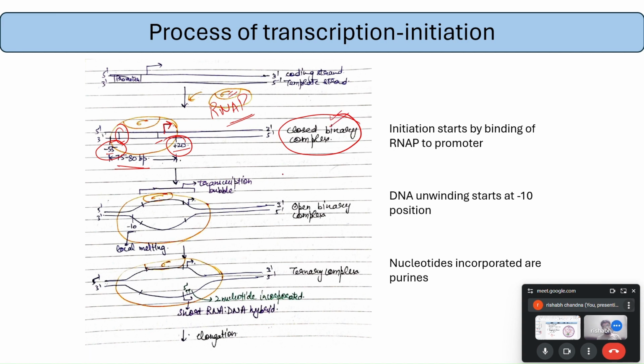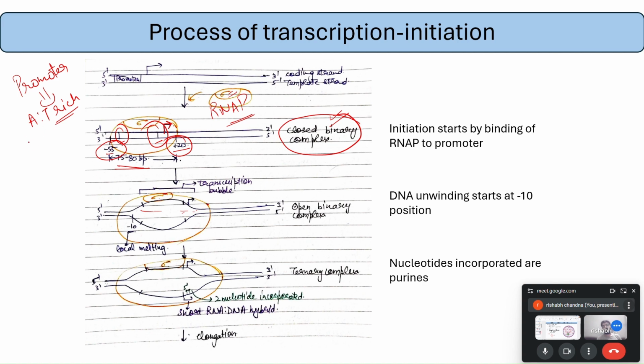Now, this recognition leads to creation of tension on the -10 region. So one thing to remember here, the promoter region that we see is AT rich. Why AT rich?